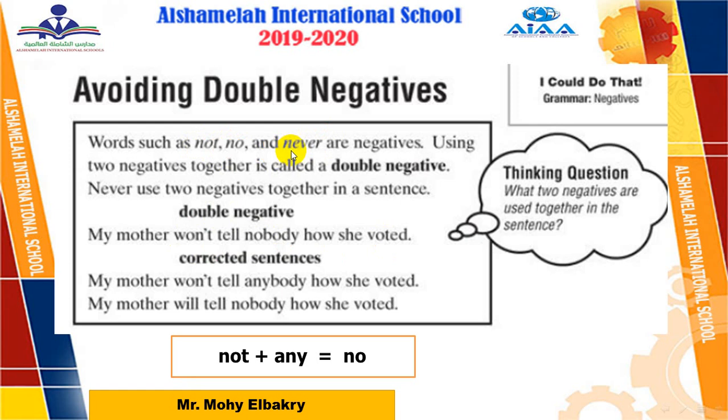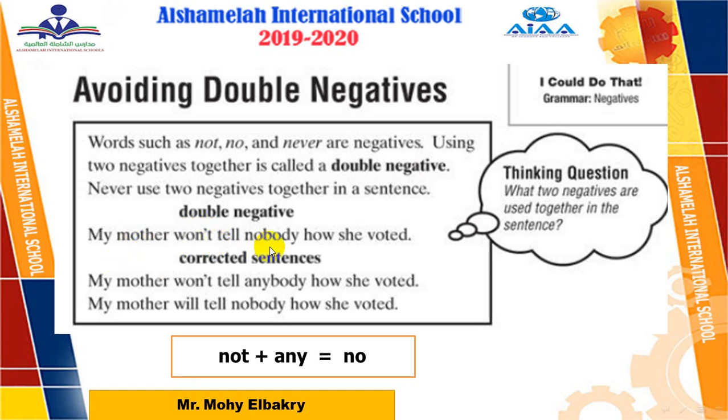So don't use with never, not. Don't use with no, not. Also we have other words like seldom, rarely, barely, scarcely, and so on. All these words refer to negative. Okay, so don't use double negative. My mother won't tell nobody. It's wrong. We have here double negative or two negatives.